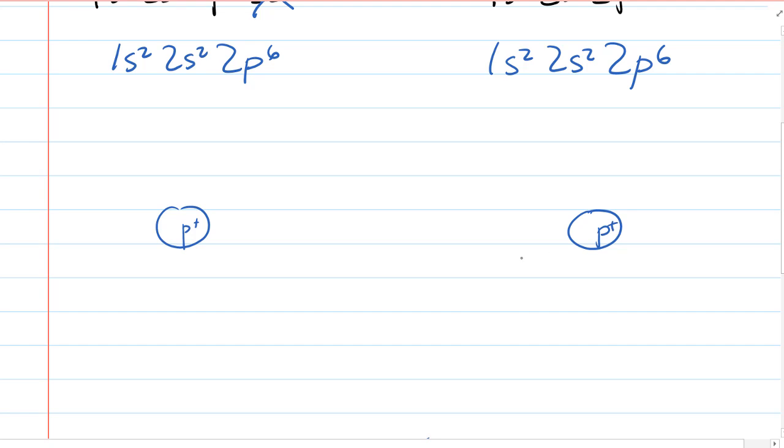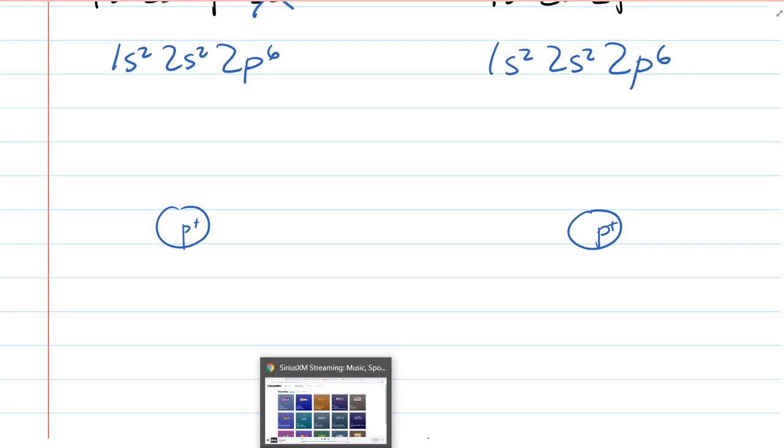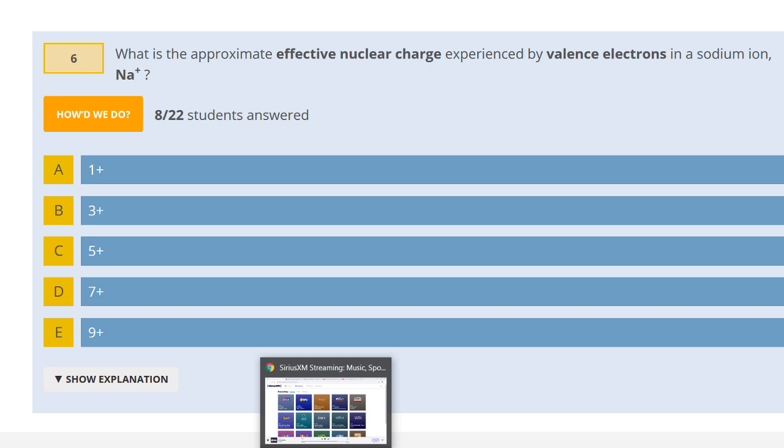So again, if you need to, write out your picture. Okay, and we'll give you about 15 more seconds to get this one locked in.